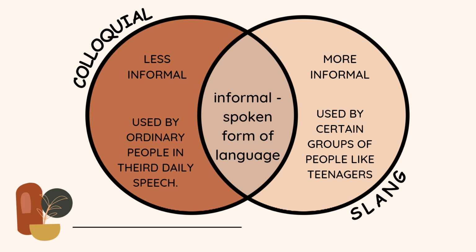And the other one on the right side is slang language. Slang language is more informal. Though it is already informal, it is much more informal. And it is used by certain groups of people like teenagers. So the similarity between the two is that both are informal spoken forms of a language.